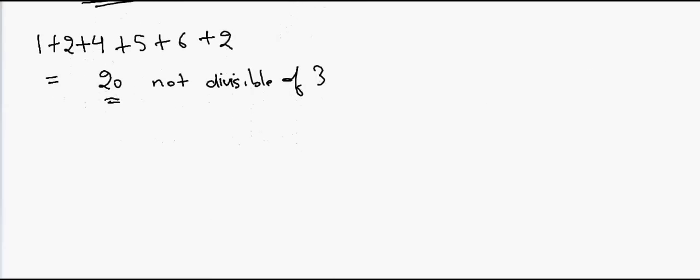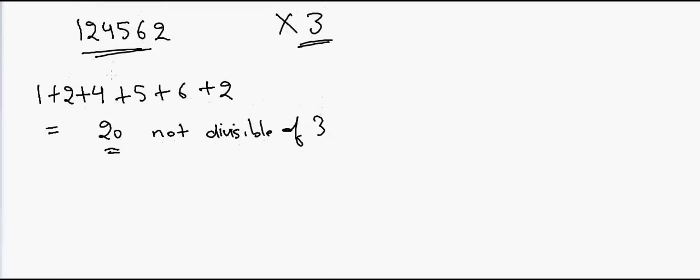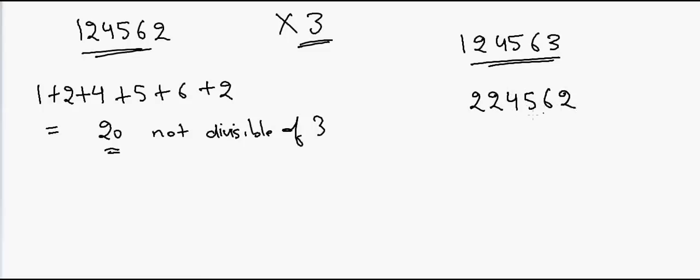So what should the number be if it has to be divisible by 3? Instead of 2, if you make it 3, so 1 2 4 5 6 and 3 at the end, then the sum will become 21, so that number should be divisible by 3. Or we can change any other digit, say 2 2 4 5 6 2, which should also be divisible by 3.